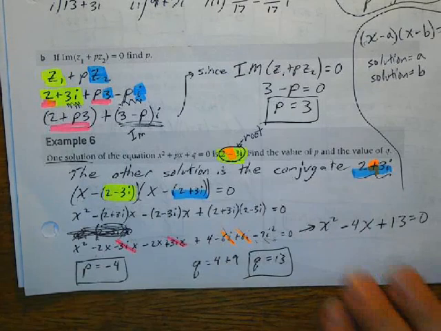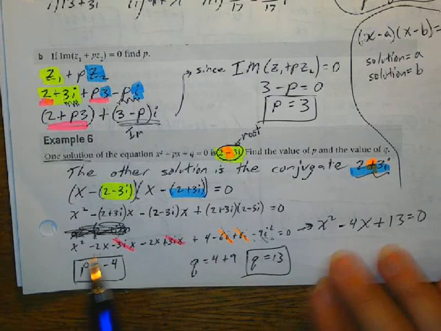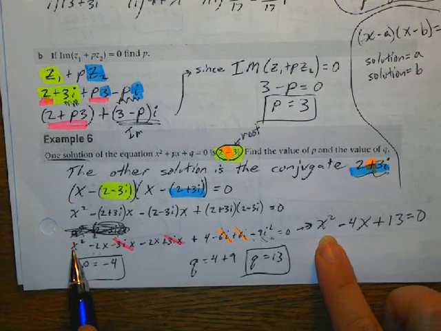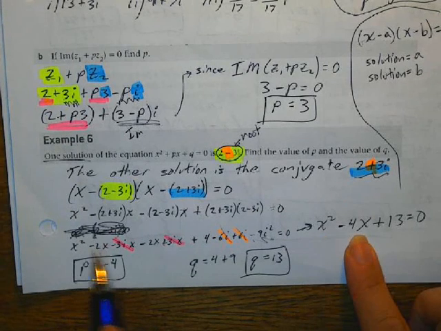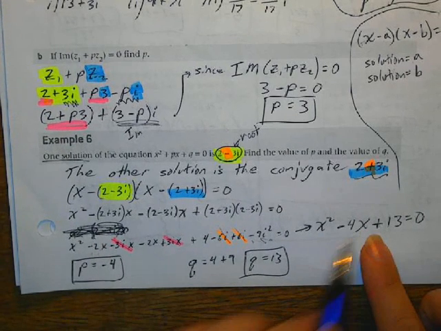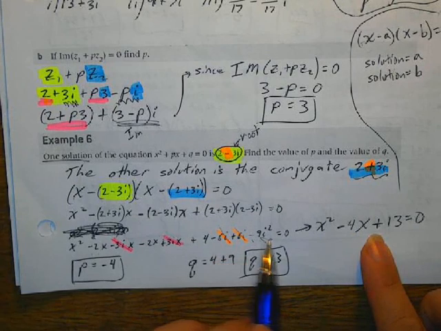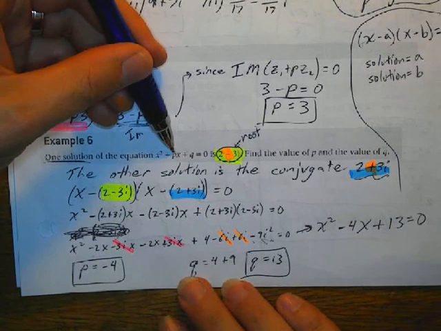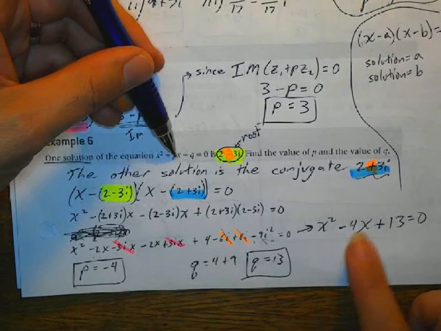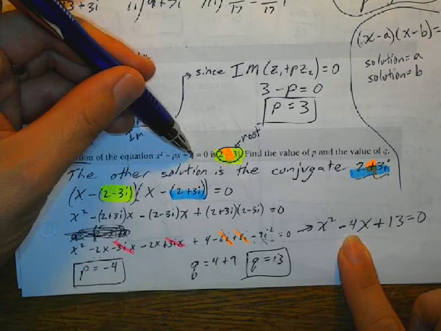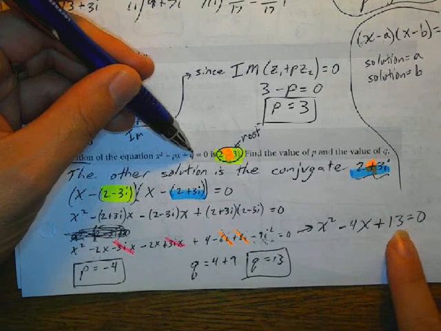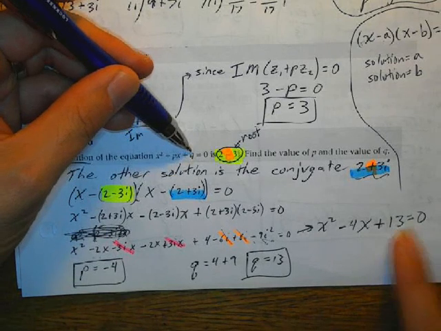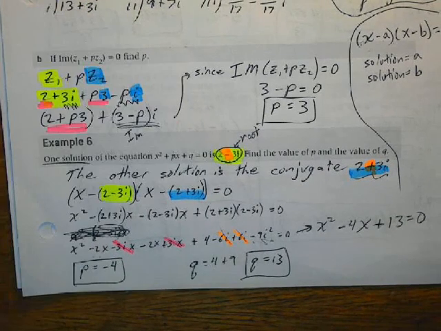So when I've combined our like terms, we've got x squared, negative 2x, and negative 2x gives me negative 4x, and 4 plus 9 is going to give me 13. So if p is the coefficient in front of x, p is equal to negative 4. If q is the constant term, then q is going to be 13.